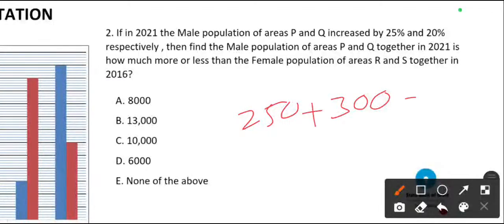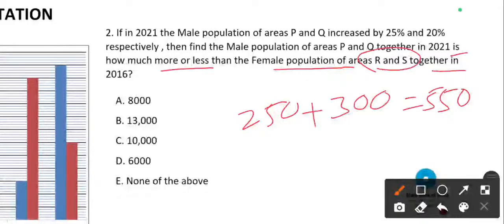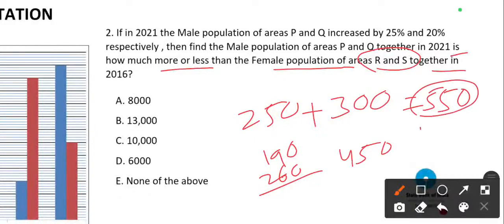Together we have 550. Now it says how much more or less than the female population together in 2016. R and S together females we have 190 plus 260. Sum of these two will be 450. This one is 100 more.